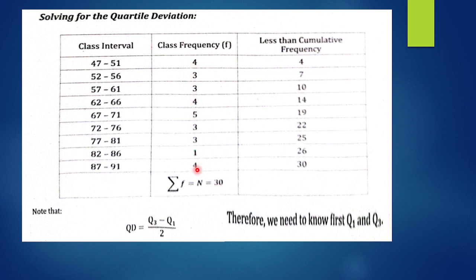If it is not 30, something is wrong, because the number of students, or the data that we have, is 30. Now, the less than cumulative frequency, you know it already. You start with 4, you add 3, you add 3 again, 10, up until 26, you add 4, it becomes 30. Note that QD, or quartile deviation, is equal to the third quartile minus the first quartile all over 2. Therefore, we first need to know Q1 and Q3.